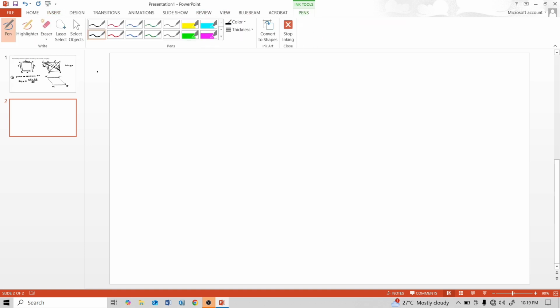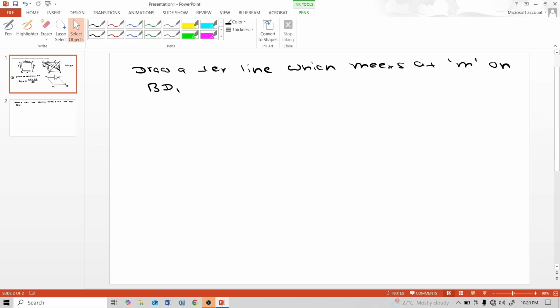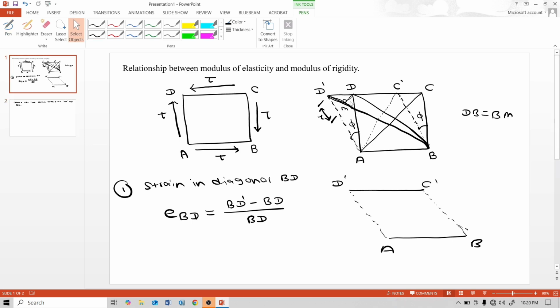Draw a perpendicular line which meets at M on BD1.